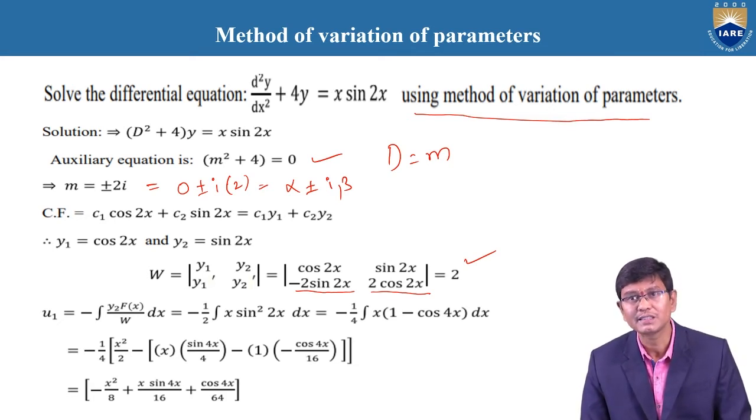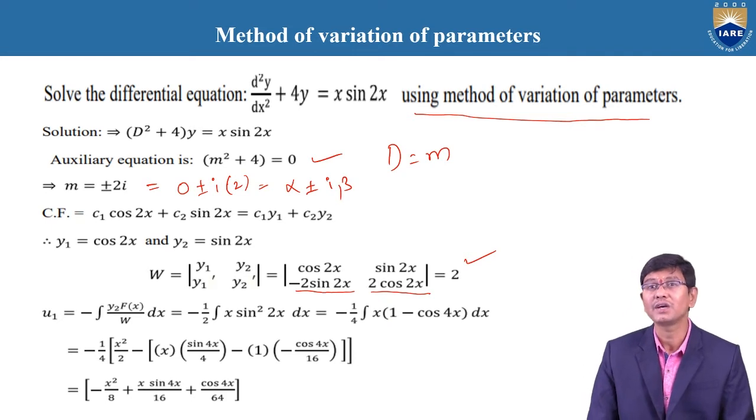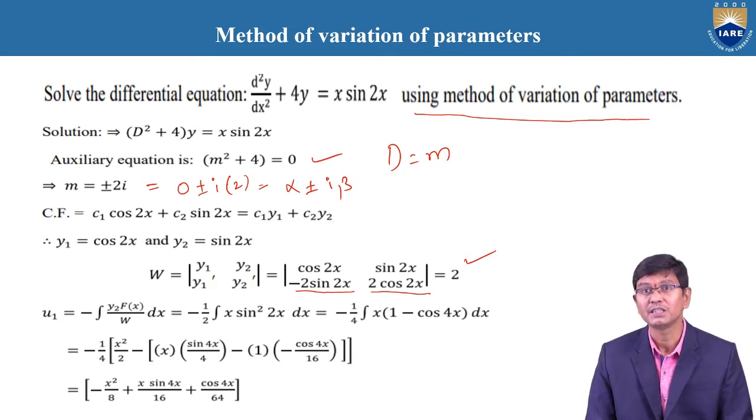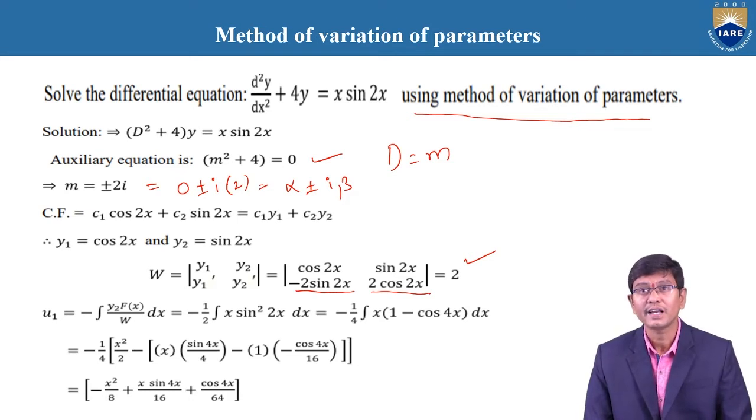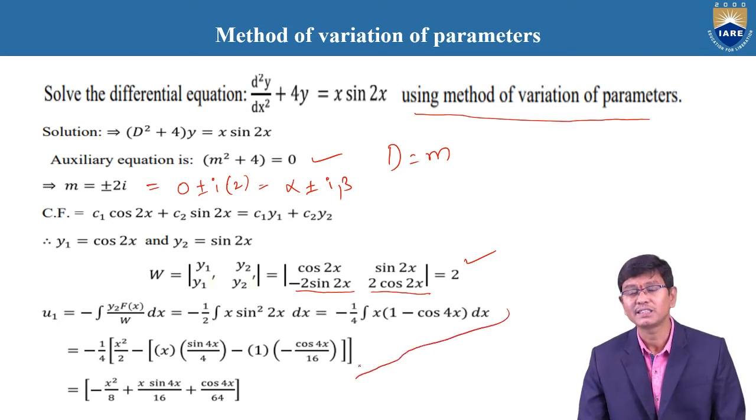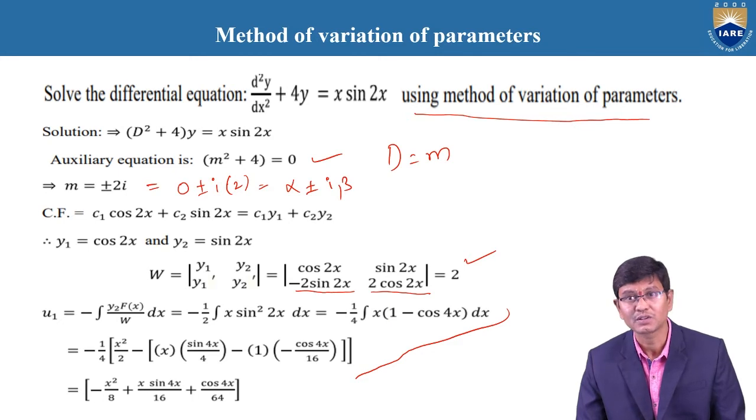Therefore, the numerator is x into sin square 2x by 2, where W is the Wronskian value, into dx. Again, we change sin square 2x to (1 minus cos 4x) by 2, and after integration by parts, you obtain clearly minus x square by 8 plus x into sin 4x by 16 plus cos 4x by 64.